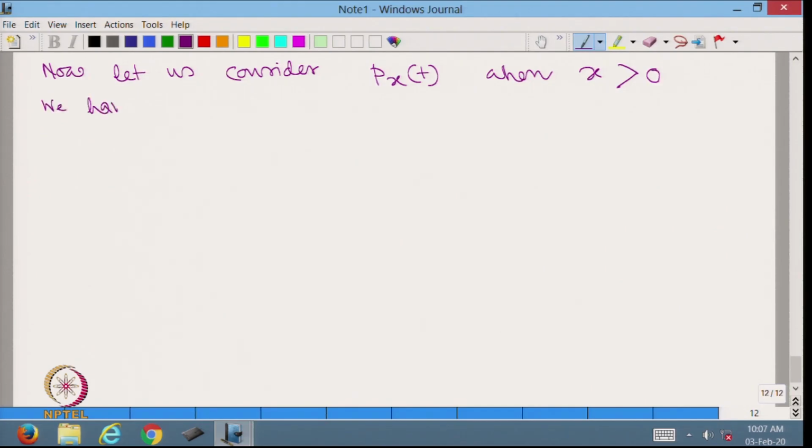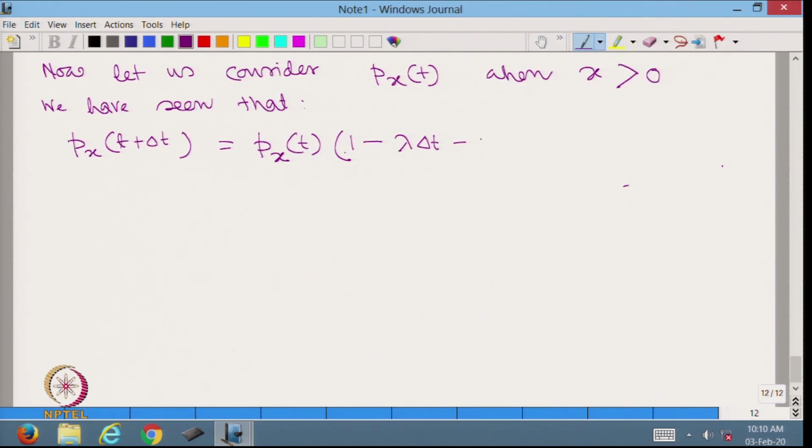We have seen that Px of t plus delta t is equal to the probability of x arrivals in time t multiplied by 0 arrivals in time t to t plus delta t, plus the probability of x minus 1 arrivals in time t multiplied by 1 arrival in time t to t plus delta t.